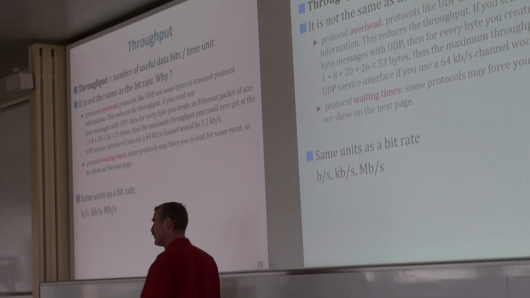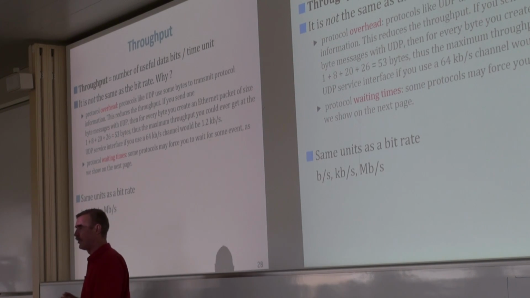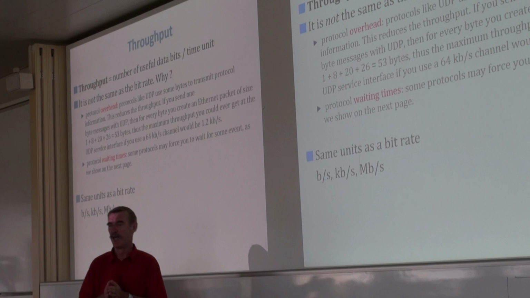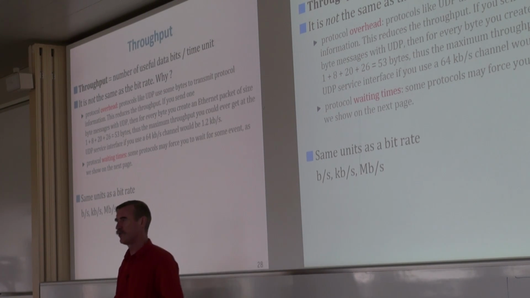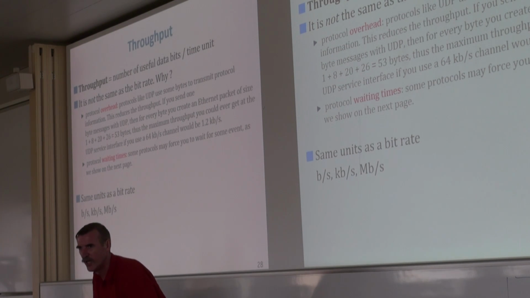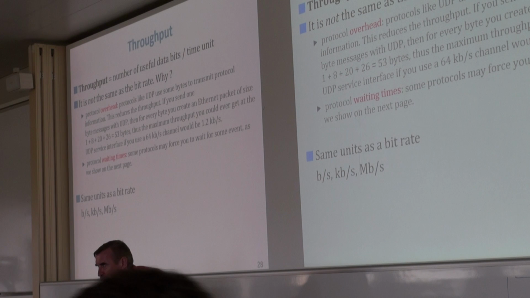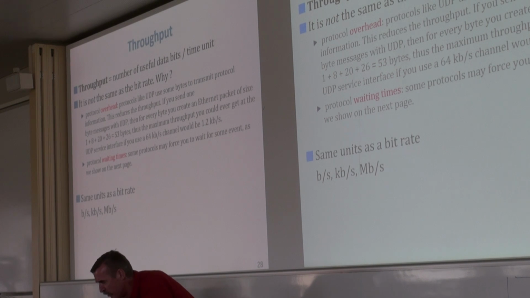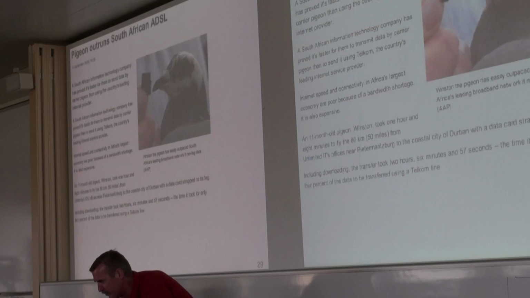There are perhaps millions of others like you. So then you need to share the capacity of the server and of the network path between you and the server. And this will cause also a throughput for you that may be much, much less than the throughput that you have on your Ethernet LAN, for example. The throughput is counted in the same unit as in bit rate, in bits per second and multiples of it.